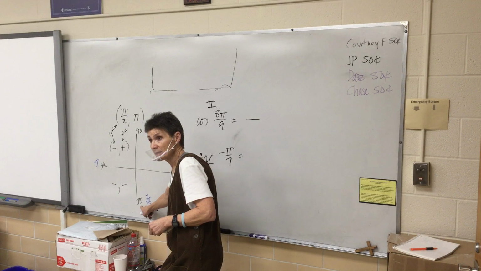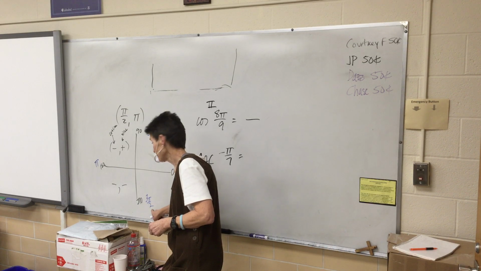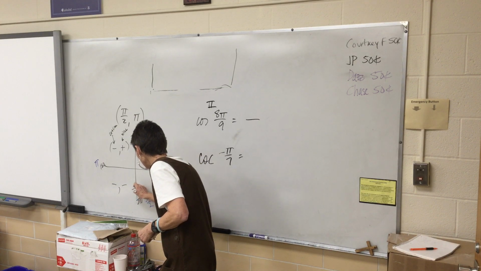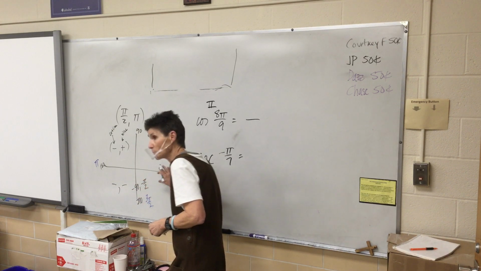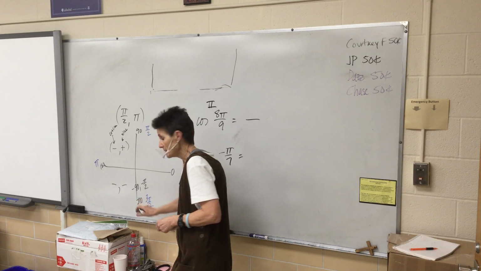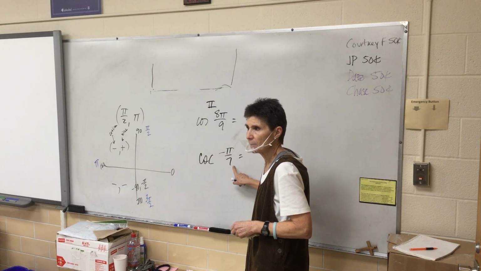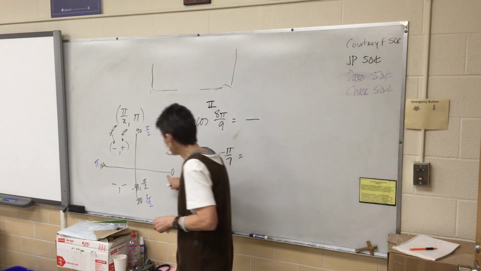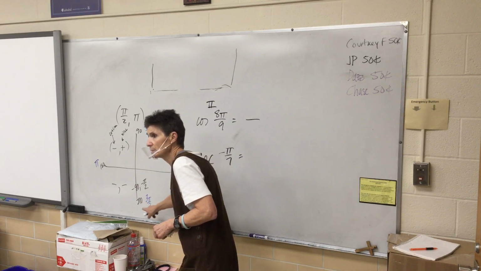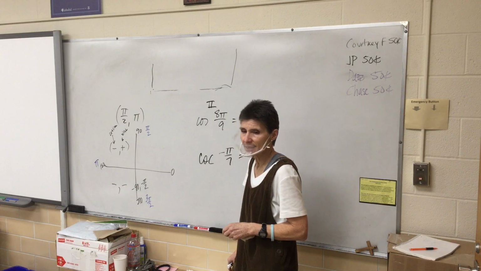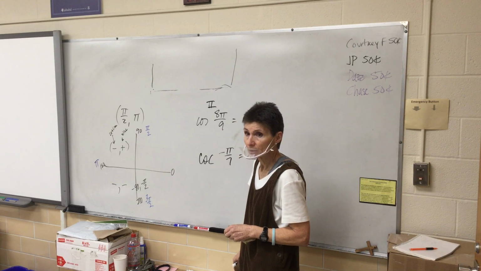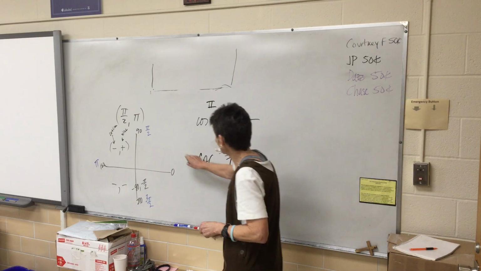Negative 90? Or negative pi over 2? So I'll just write that here. Negative 90, negative pi over 2, if I'm going negative. Now, would you agree that negative 1/7 pi is somewhere in here? Because isn't 1/7 less than 1/2? So this is in quadrant 4.